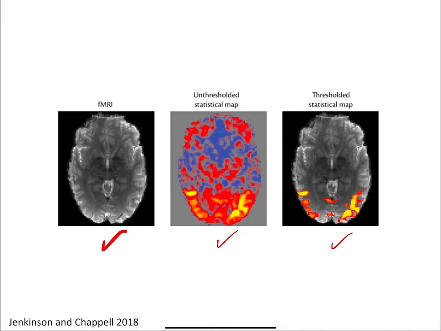But oftentimes, you're not going to be able to see this at the single run level, especially if you're looking at a very subtle effect. And it's not until you do your group analysis that you're going to be able to see this. Okay, so this is much more a sanity check, or if you have a very strong stimulus and you know that it should light up these areas of the brain, then this is something that you can do as a sanity check at a single scan level.